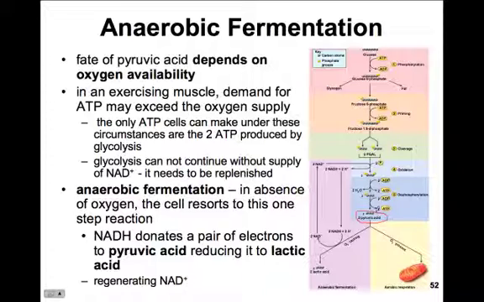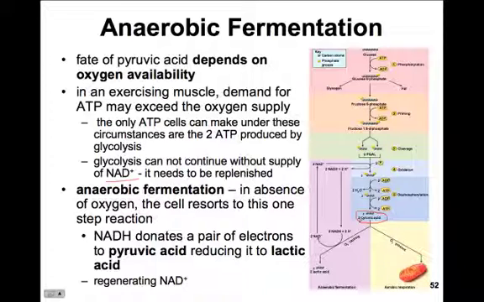And glycolysis can't continue indefinitely because we're going to run out of NAD cars to pick up electrons. And in order for glycolysis to continue, we need to continue to pick up electrons from the original 6-carbon molecule so that we can continue to produce pyruvic acid.